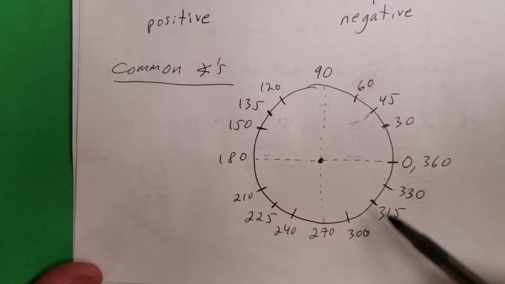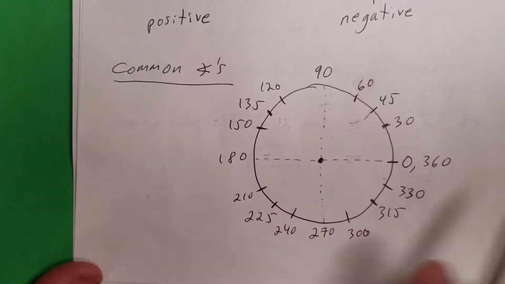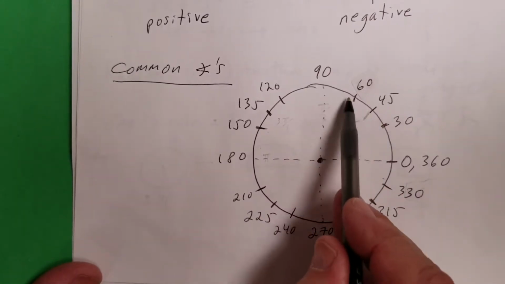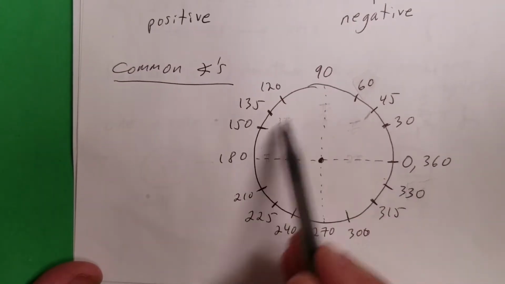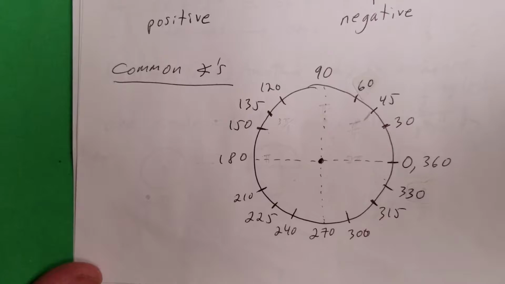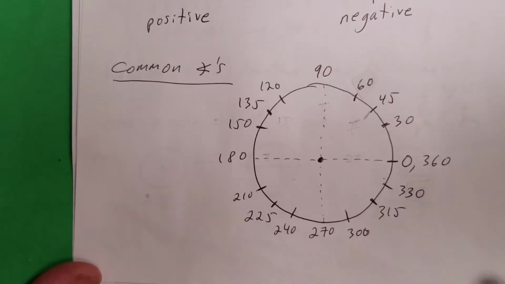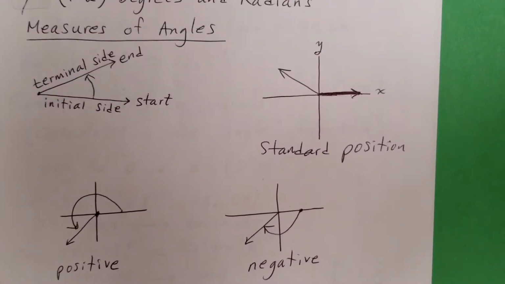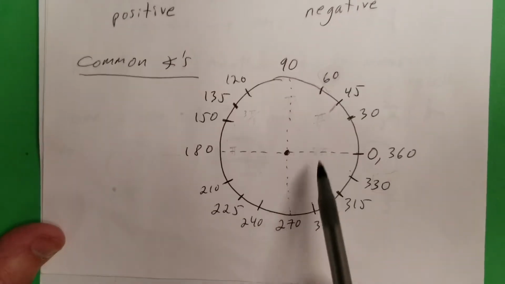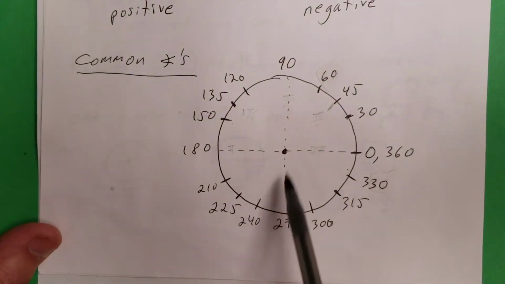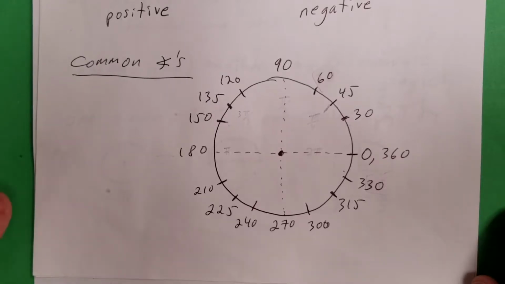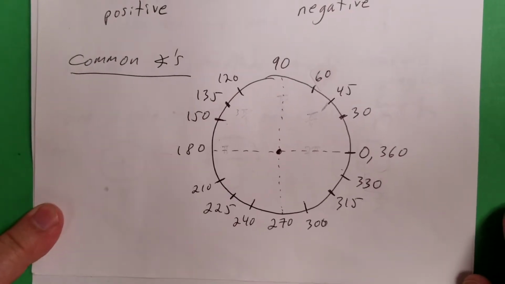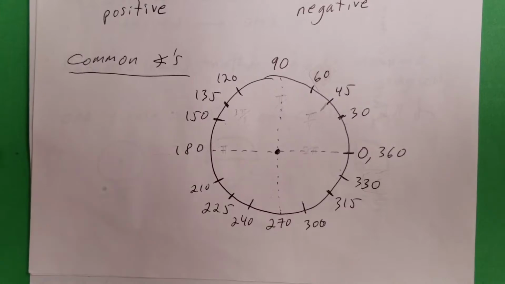So all of these are special angles because they're multiples of 30, 45, and 60. And these are special because they're right on the axes. If we put this in standard position, these would be right on the axes. So they're going to be special. Okay, so these are common angles that you're going to see throughout the whole chapter. All right?